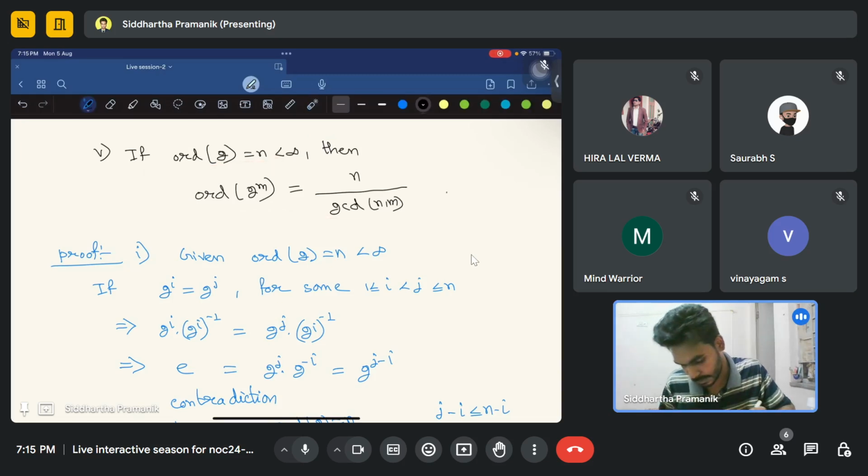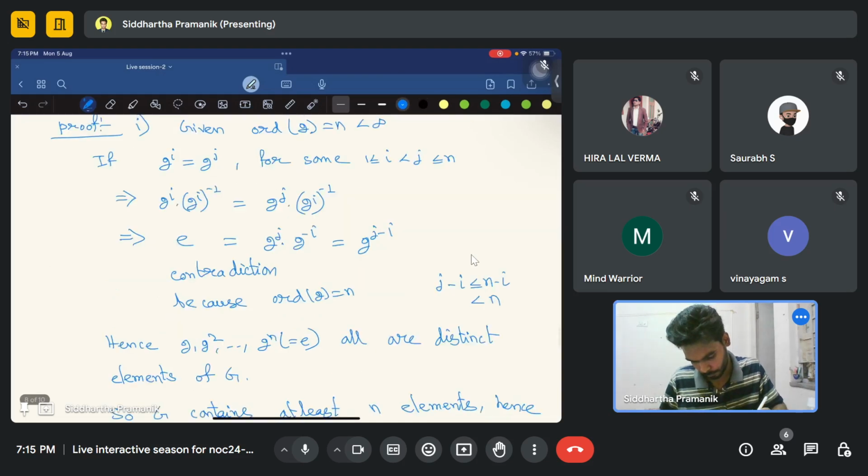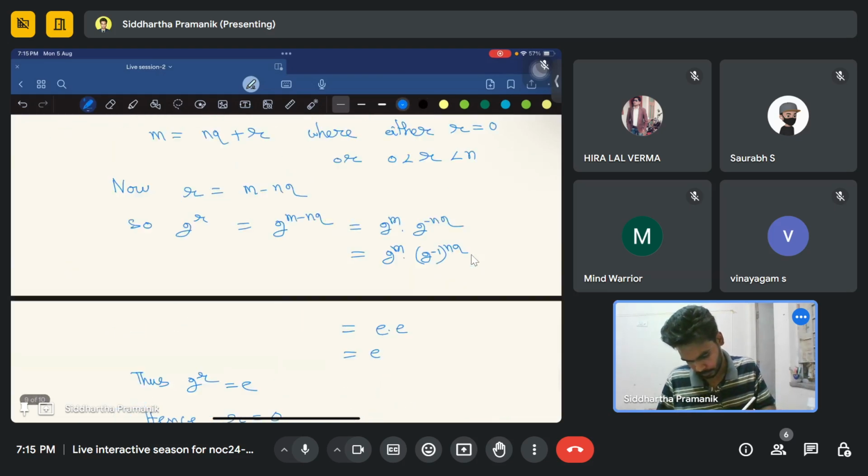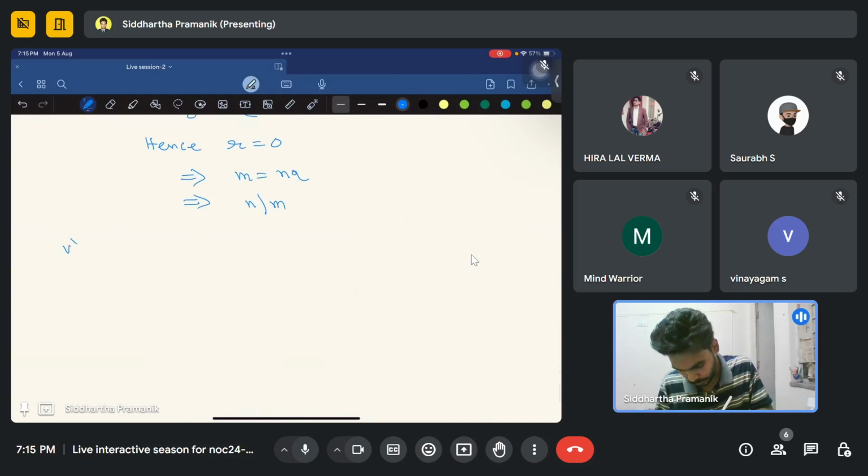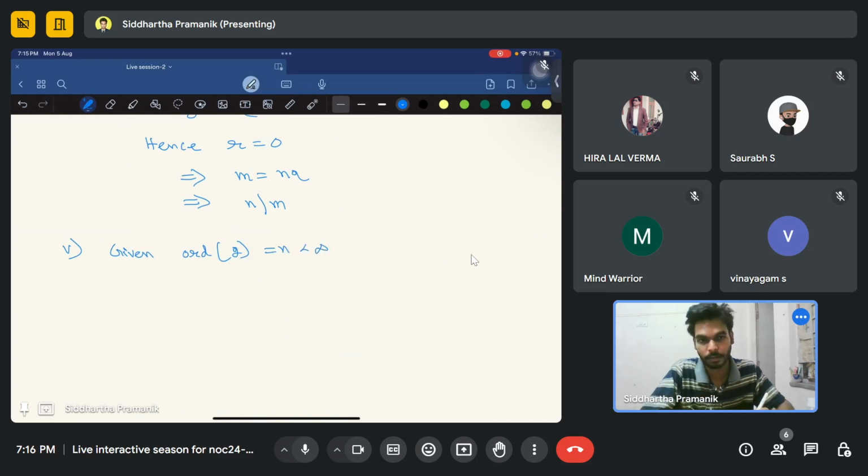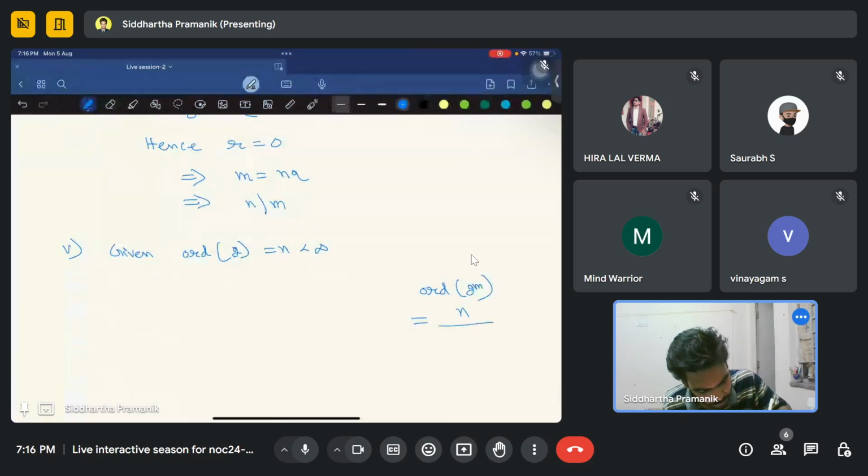So let's do this. For the fifth one, what is given is that the order of g equals n, which is finite. We need to find the order of g power m, meaning we need to prove it is equal to n by GCD of n comma m.